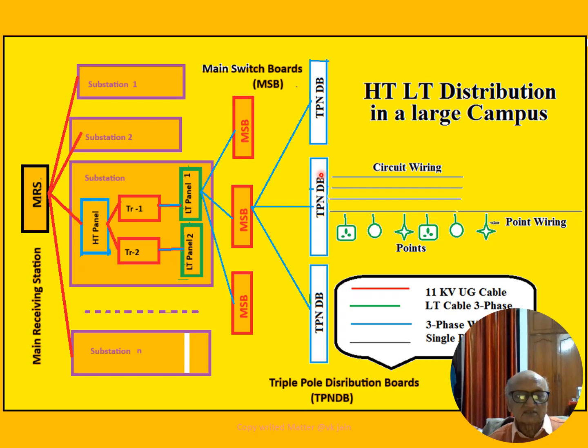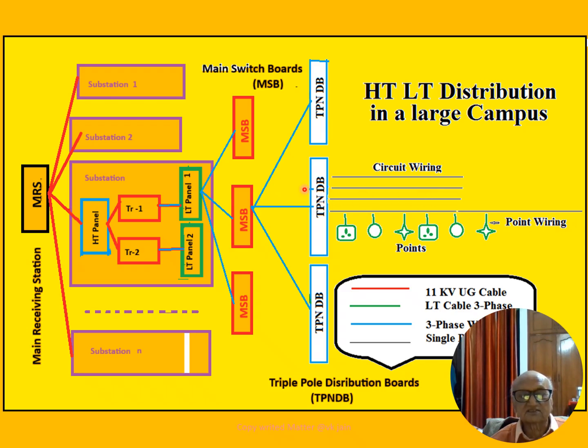From this TP and DV, it is a triple pole neutral distribution board. Now, this may be 4-way, 6-way, 8-way, 12-way, like that. Each way will get connected to circuits. Suppose it is a four-way TP and DV, you can take 12 circuits like this. This is one circuit.